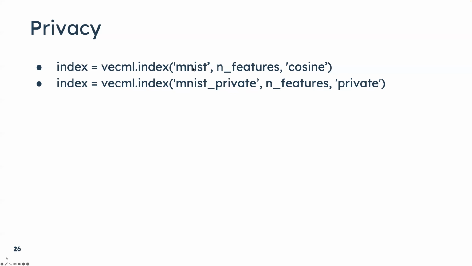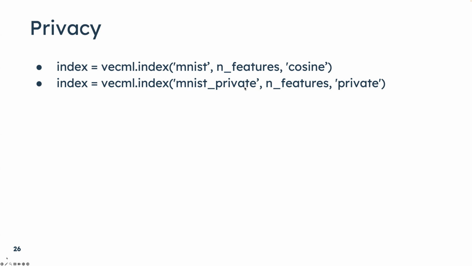This is just a placeholder where we're going to put our database, and we have two versions of this: one that's private and one that isn't. The privacy preserving capability would be a little bit slower than the other case, and maybe a little bit less accurate. But it's privacy preserving, which is kind of nice.